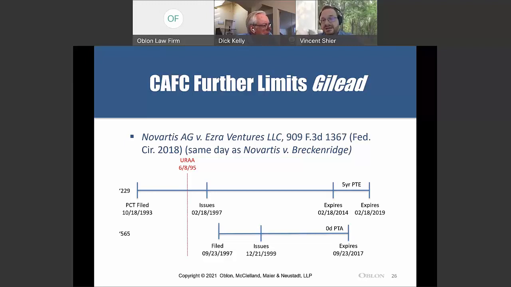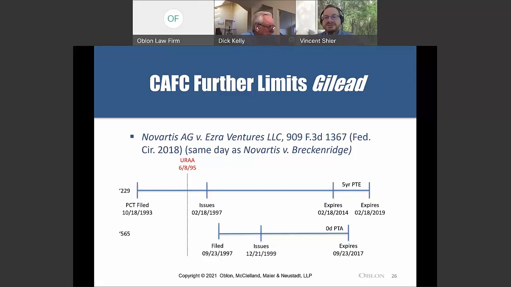The issue here really is whether or not the patent term extension would be an unjust extension. So it's looking in Ezra at the interplay between patent term extension and obviousness double patenting. I think an interesting question that comes to my mind in looking at the actual fact pattern here is both the 229 and the 565 patent could qualify for patent term extension.